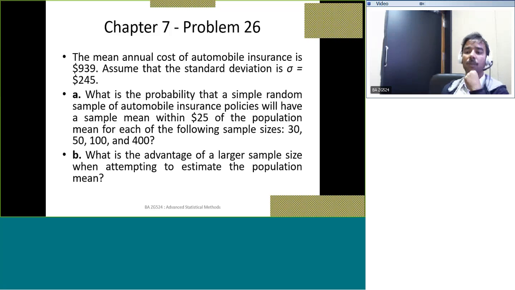That's why Z equals X bar minus mu by sigma by root n, that is X bar minus 939 by 245 by root 30. Got the answer? Any queries?